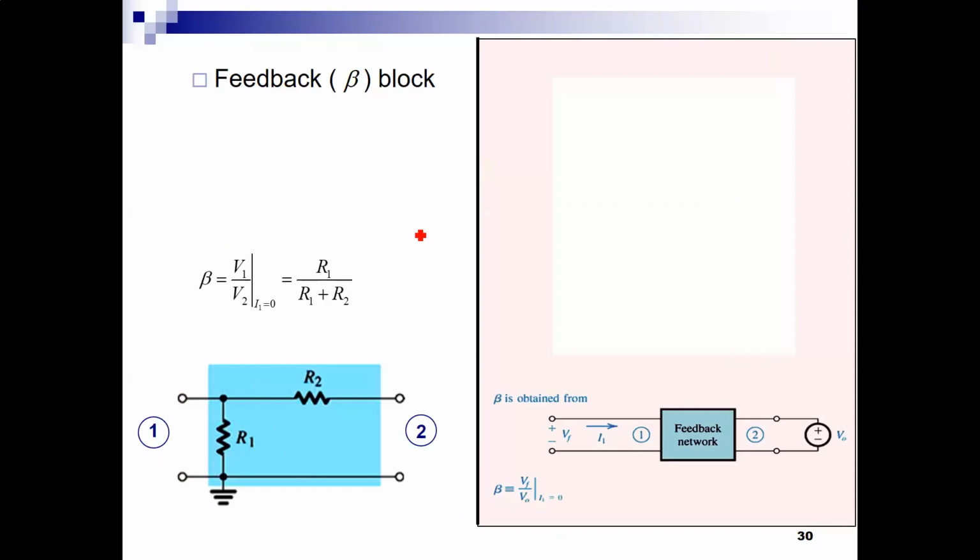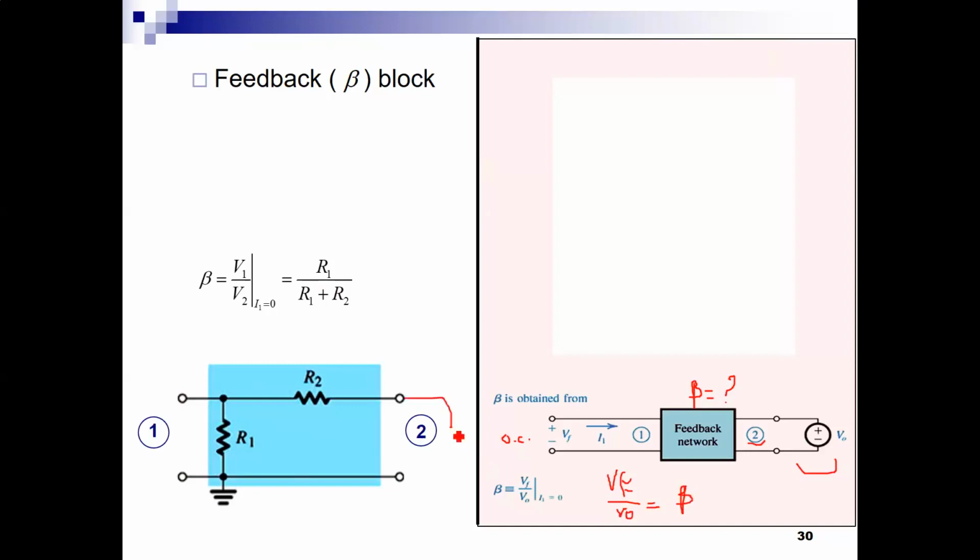Then we have to find the value of the gain of the beta block. What is beta equal to? The gain for the beta block: I place a voltage source at side number 2 and I keep side number 1 open circuit, meaning no current flowing, and I find the ratio of VF to VO.